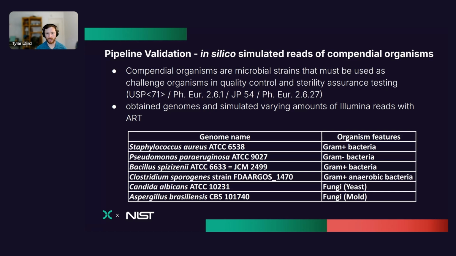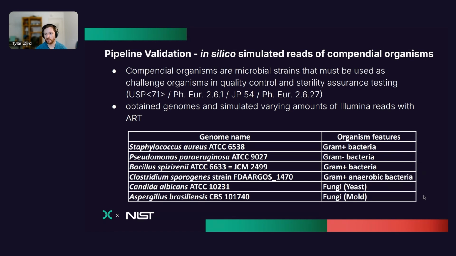So there are different pharmacopoeias that different countries have that have been harmonized to validate sterility testing, and they include these particular organisms listed in the table below. These are the genome names that we used to simulate from, and on the right-hand side, the organism features.